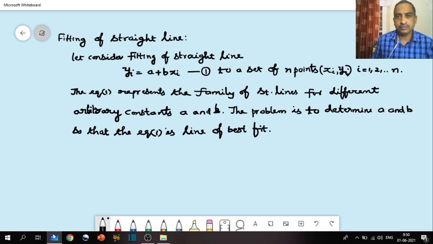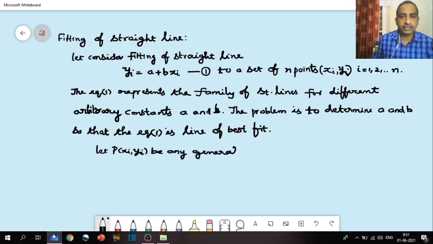So line of best fit means the residual sum of squares is minimum, or the squares of the difference between the actual value and estimated value is minimum, right? So let P(x_i, y_i) be any general point in the scatter diagram.